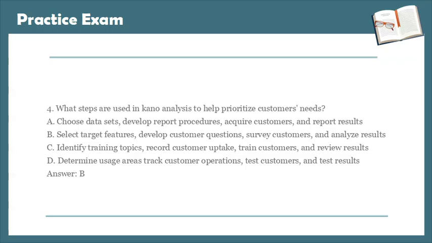4. What steps are used in Kano analysis to help prioritize customers' needs? A. Choose data sets, develop report procedures, acquire customers, and report results. B. Select target features, develop customer questions, survey customers, and analyze results.